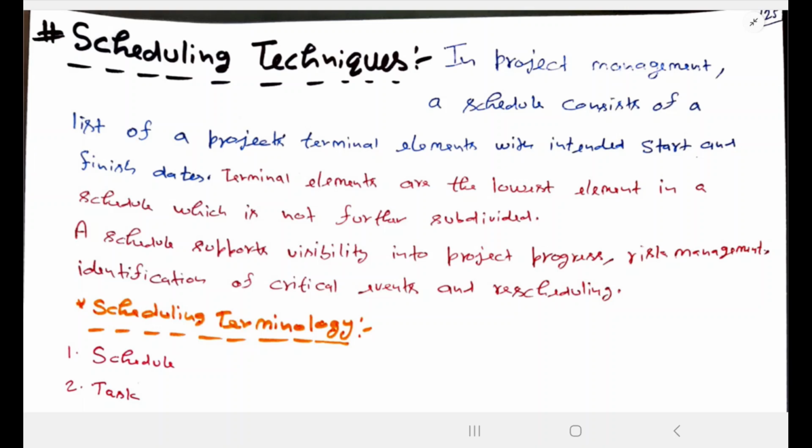For a particular project, this scheduling will be done to keep our project within the time frame. This is the terminology of scheduling technique, that we want to finish our entire project within the time frame.